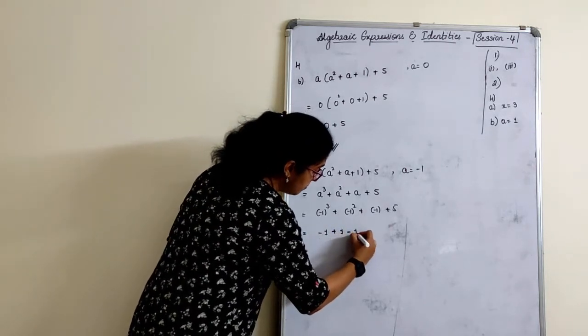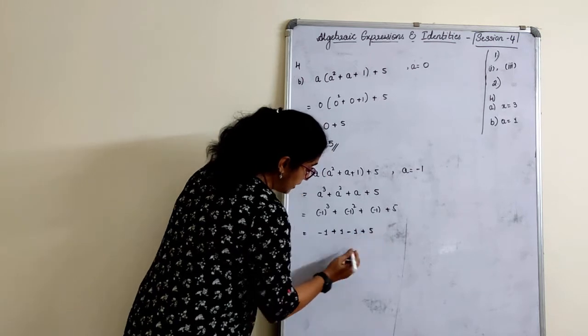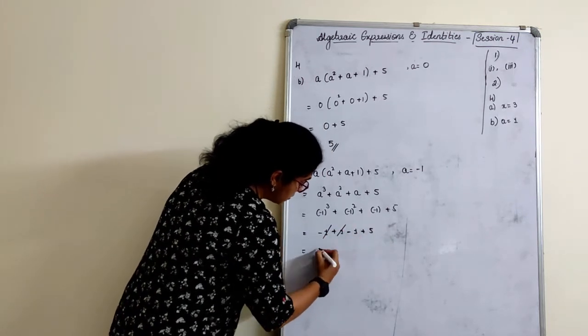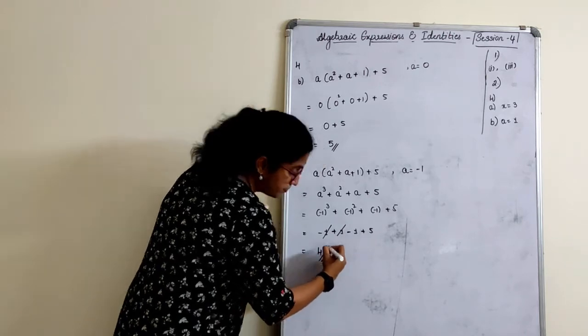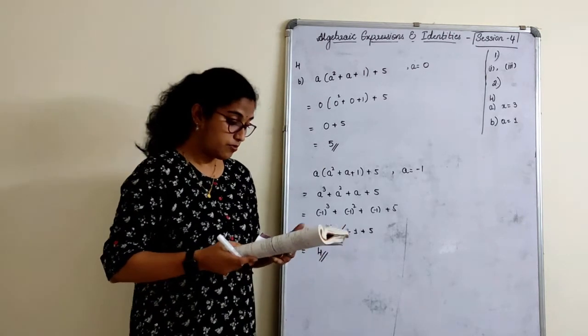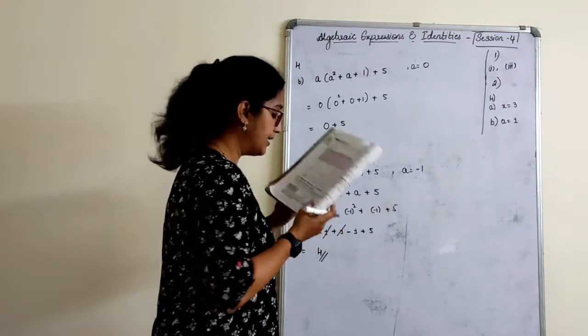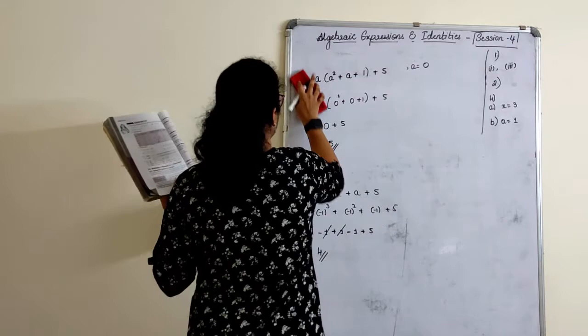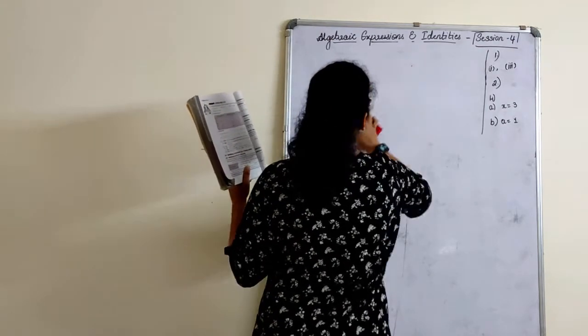This is minus 1 plus 1 minus 1 plus 5, which is 4. Okay, we'll move to the next one. So you understood what is your homework, what values you have to substitute.